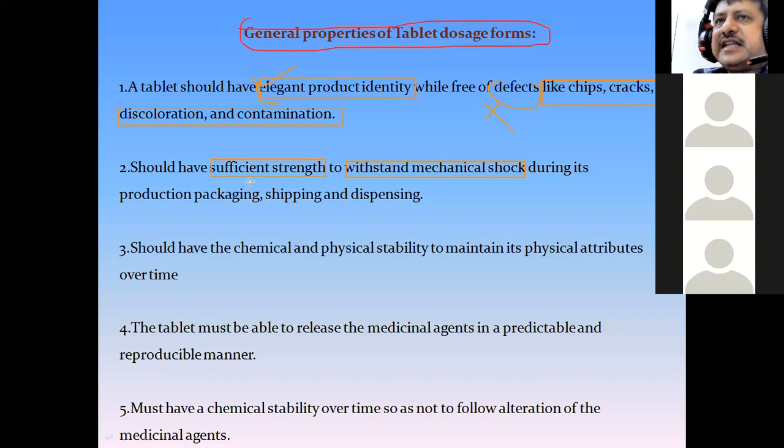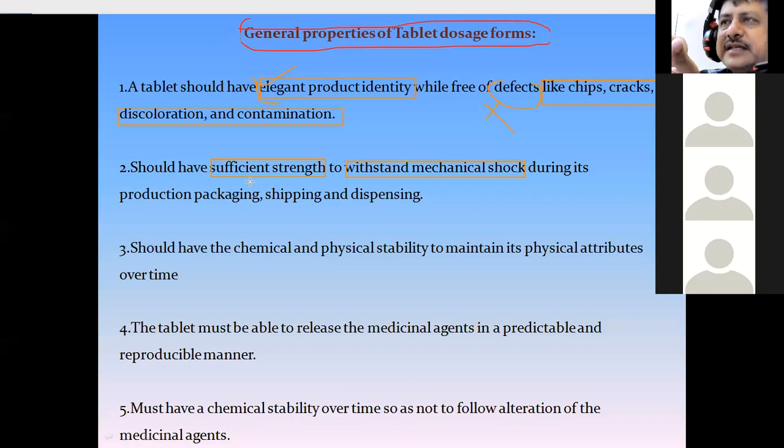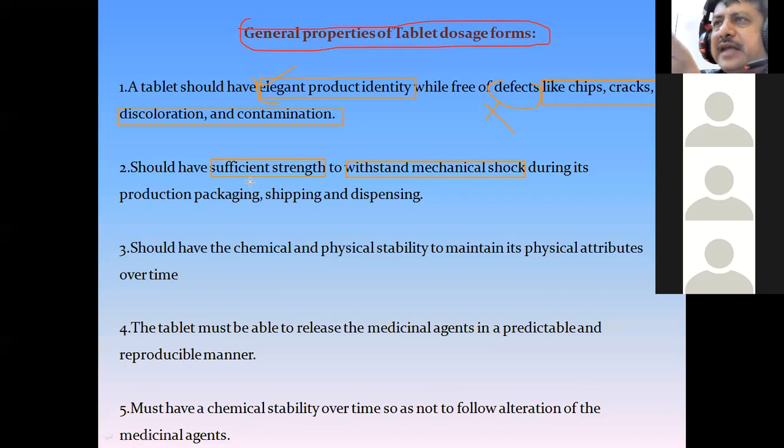a sufficient strength, that is the mechanical strength, because what happens if you compress a tablet and it does not have sufficient strength? In the various stages of tablet manufacturing, be it packaging or transportation, or when you give it in the hands of the patient, that is called dispensing, there are chances that the tablet can break down.